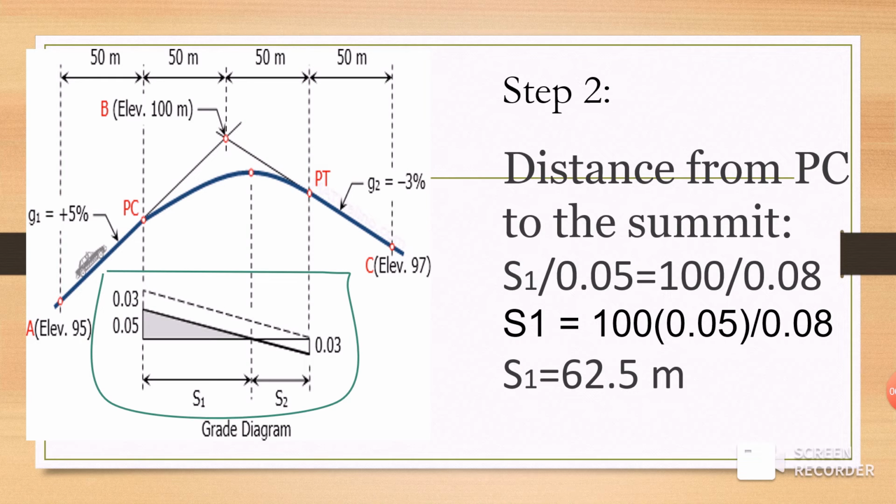Then we move the 0.05 to the right to get S1. So S1 is equal to 100 meters times 0.05 over 0.08. So S1 is equal to 62.5 meters.